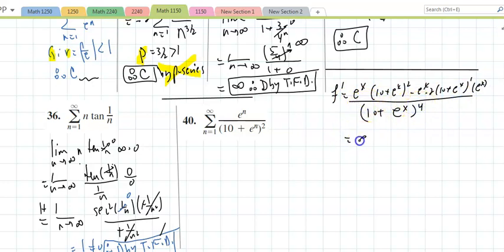If I factor an e to the x times 10 plus e to the x out of the top, out of the first I'll have 10 plus e to the x, minus, out of the second, if I take this and one of those, minus 2e to the x.